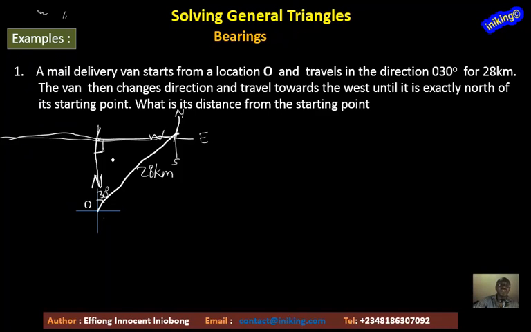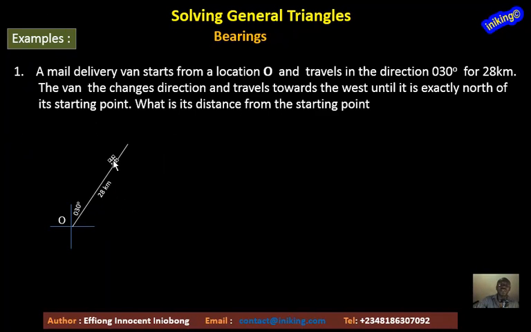So we have a right angle triangle. Let's draw this out neatly. That's the first part of it, 030 from O, 28 kilometers, and then from there we change direction. That's the next one, traveling to the west.